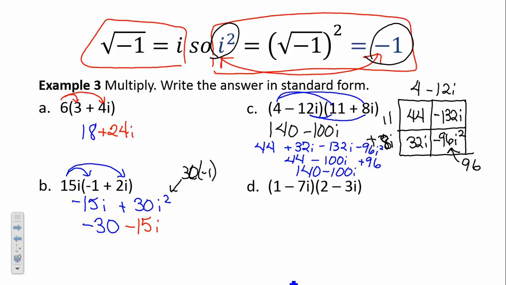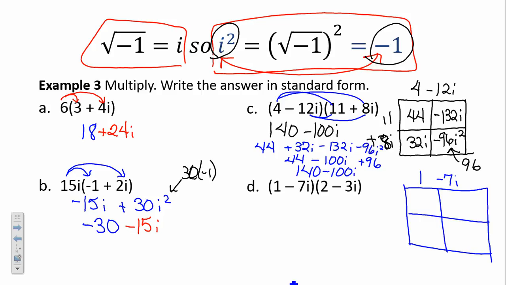Box, okay. So we're going to write our 1 minus 7i on the outside of our box. And we're going to write our 2 minus 3i on the side. To get this value, I take 1 times 2 and get 2.